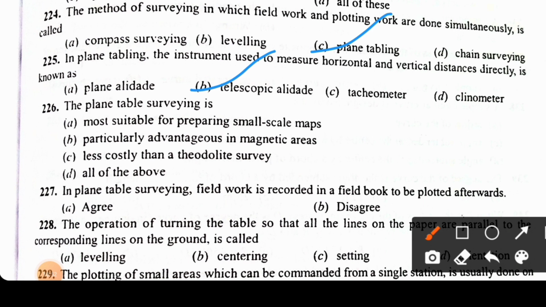The plane table surveying is most suitable for preparing small scale maps, particularly advantageous in magnetic areas, less costly than a theodolite survey. यहाँ पे ए बी सी तीनों ही आंसर होगा. यहाँ पे करेक्ट आंसर डी, ऑल ऑफ दी अबोव.